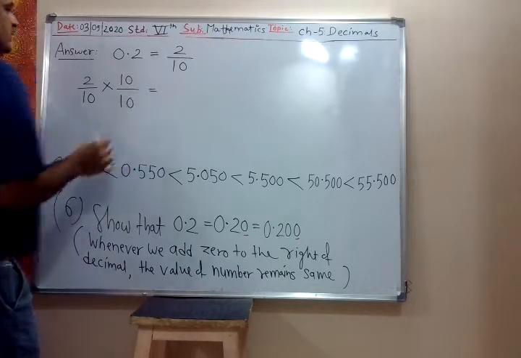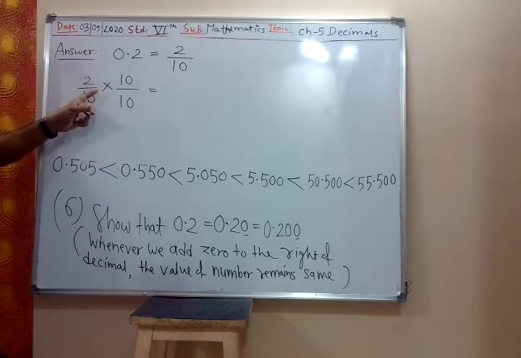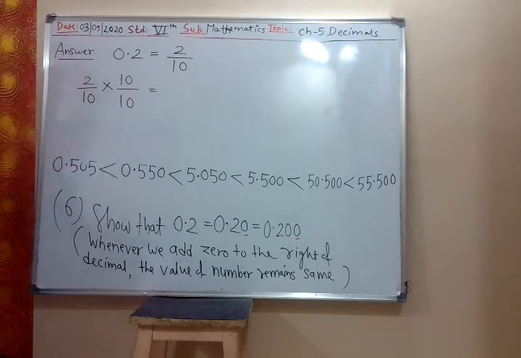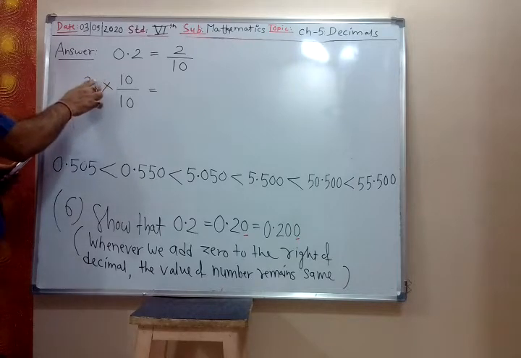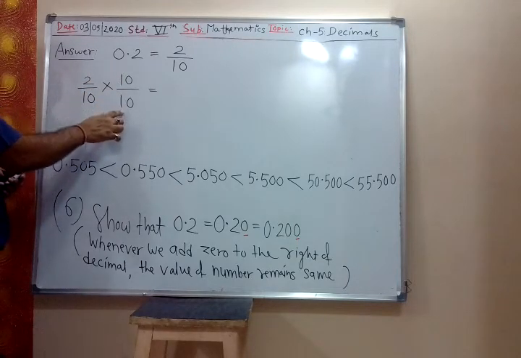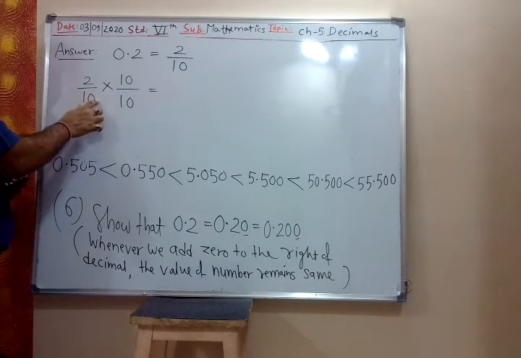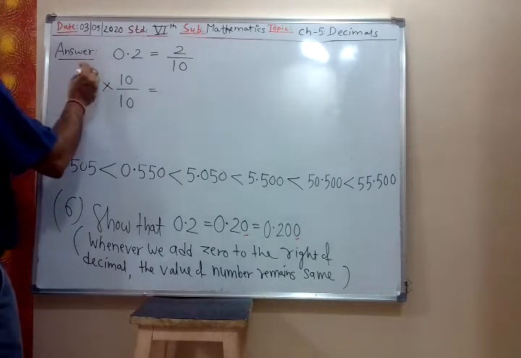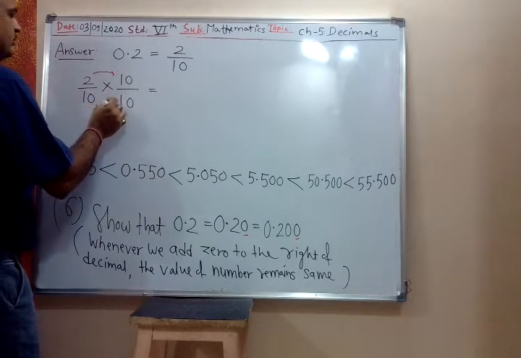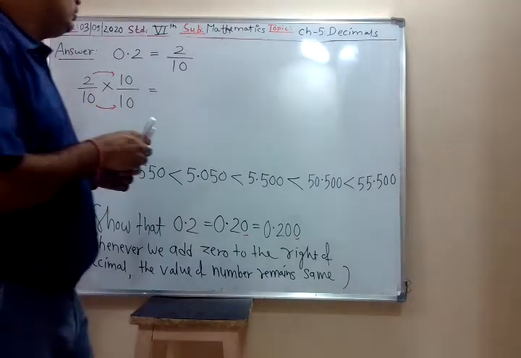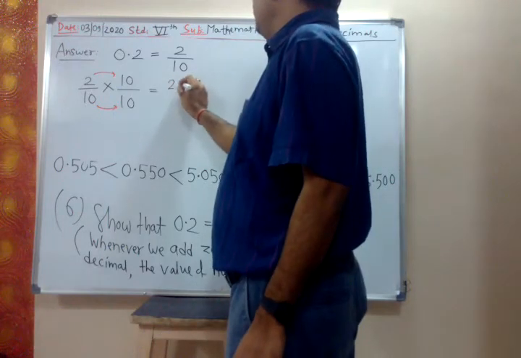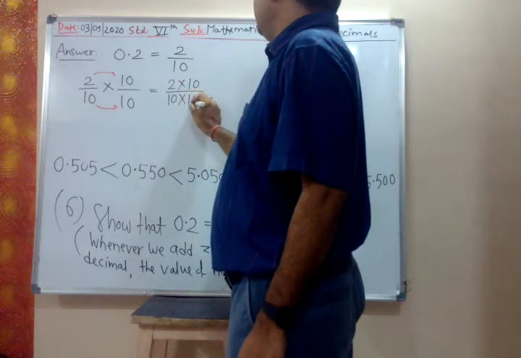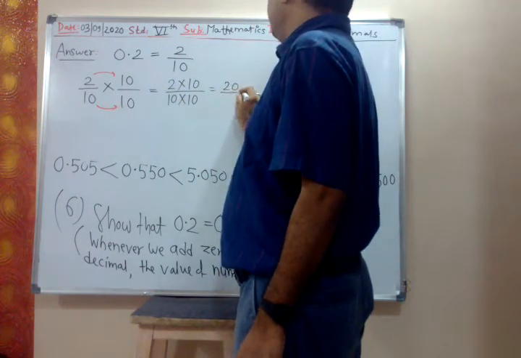Now these two are fractions. This is my numerator, this is my denominator. To multiply two fractions, we multiply numerator to numerator and denominator to denominator. So that will be 2 into 10 upon 10 into 10, that is 20 upon 100.